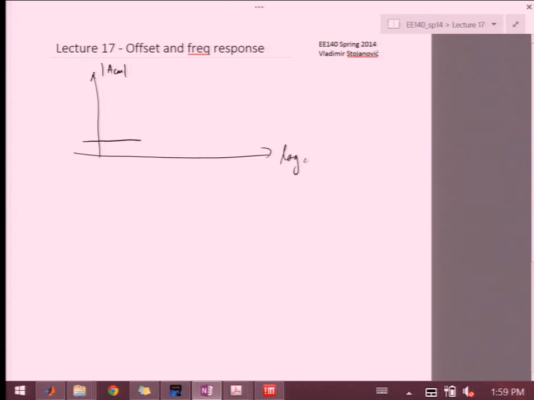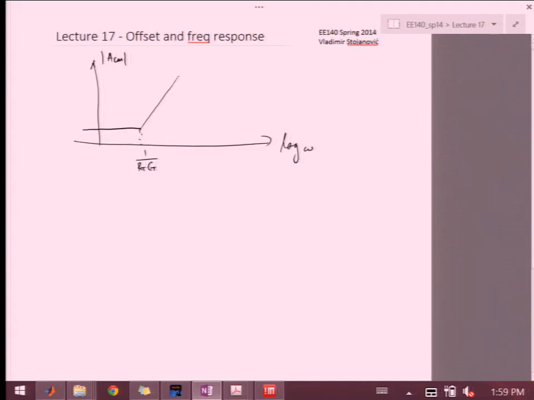Say this is log omega, right, at some frequency which is 1 over RT CT, that's my 0. On a 0, in my frequency plot, I'll start having actually 6 dB per octave, or 20 dB per decade up. So this is 20 dB per decade up.